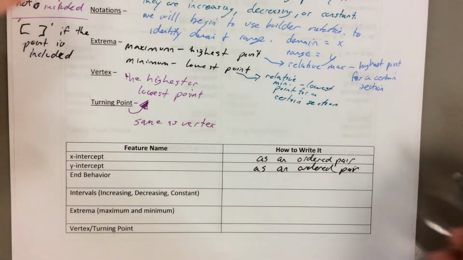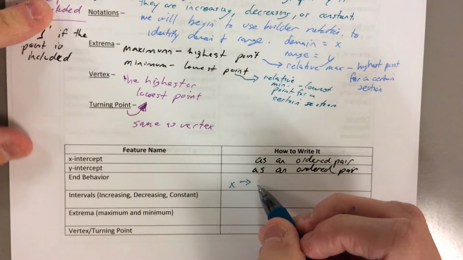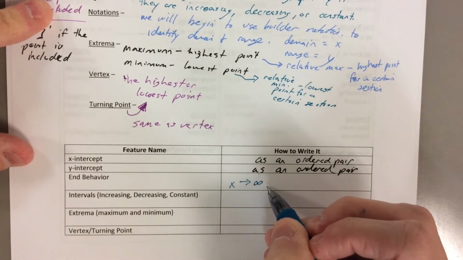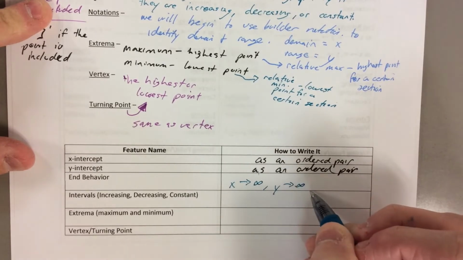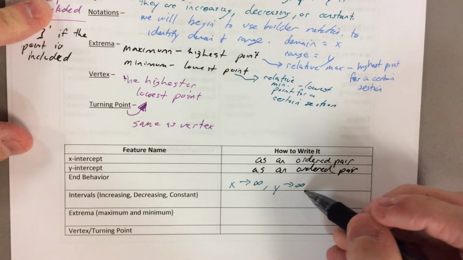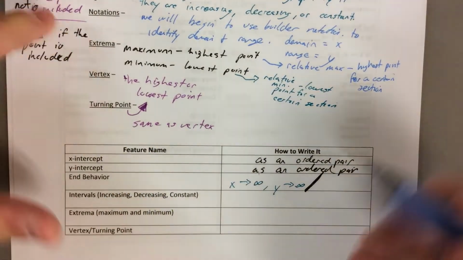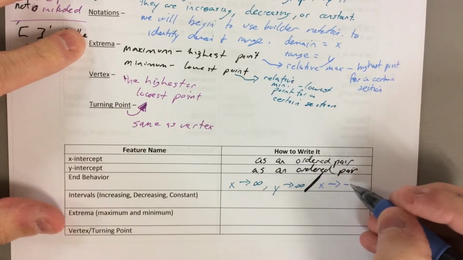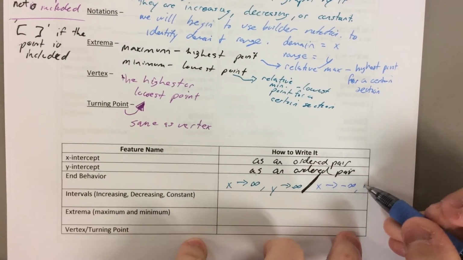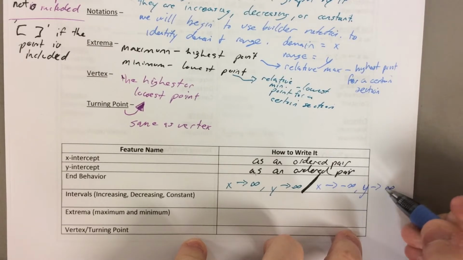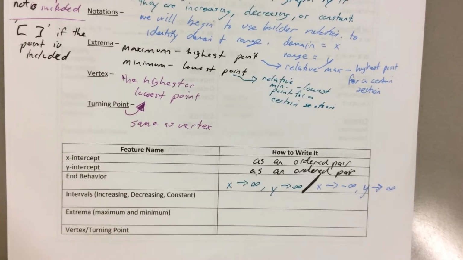End behavior, we write like, as X approaches infinity, Y also approaches positive infinity. Do a divider here. Or we could say as X approaches negative infinity, Y approaches positive infinity. So it's talking about the end behavior.